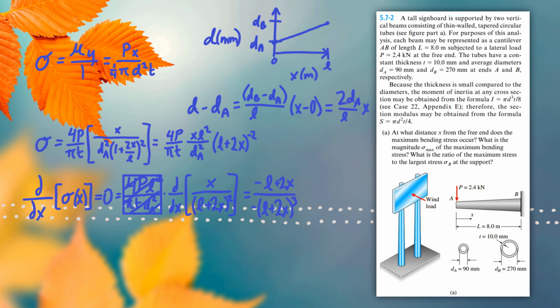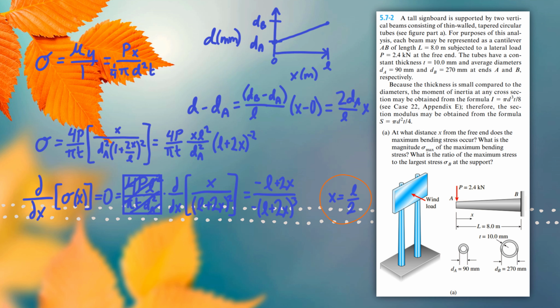This is the derivative. If we're going to solve for x, we can multiply both sides by L plus 2x cubed, and that vanishes. So the only thing we're looking at is negative L plus 2x equals 0. And so we simply get x equals L halves.